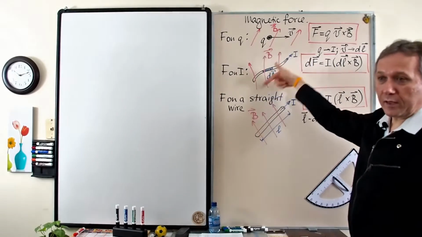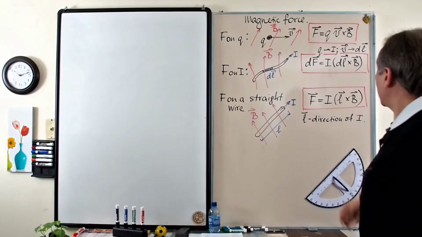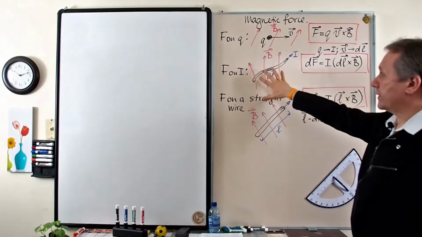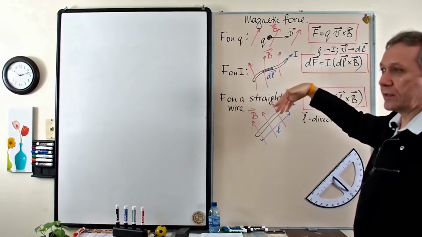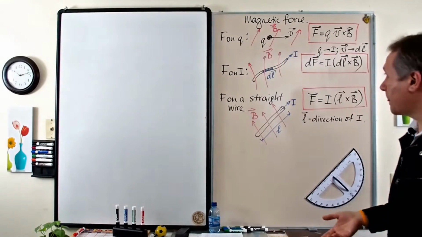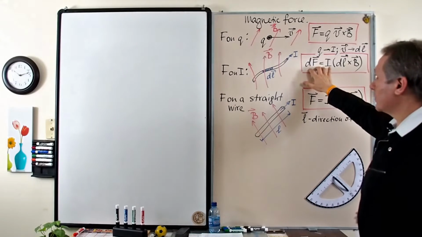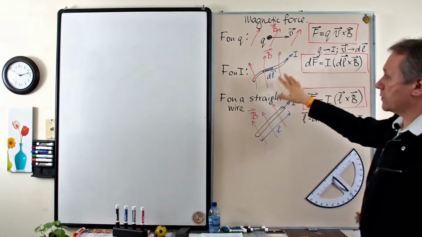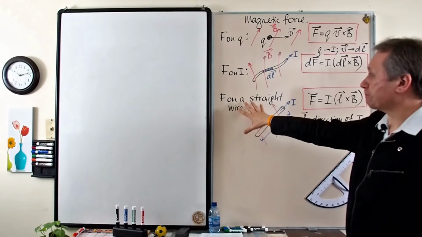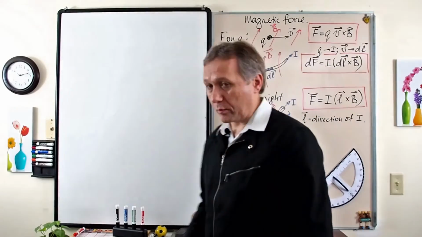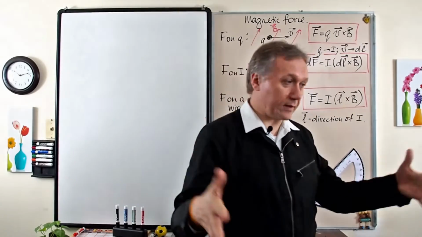Again, this can be used for any wire. It doesn't have to be straight. It can be straight, bent, or twisted, any wire with current. And using this equation, we can apply it to a straight wire of length L.